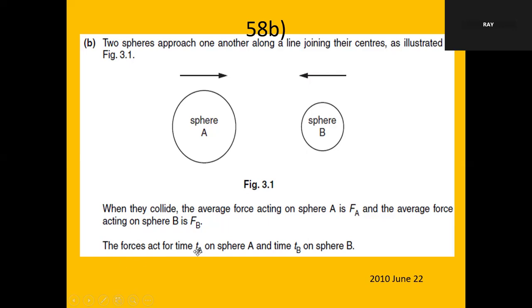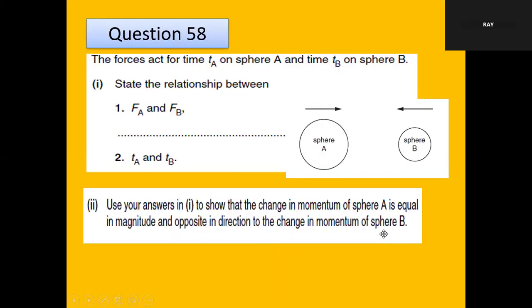The forces act for time TA for sphere A and time TB for sphere B. State the relationship, using Newton's third law: FA equals minus FB and TA equals TB.